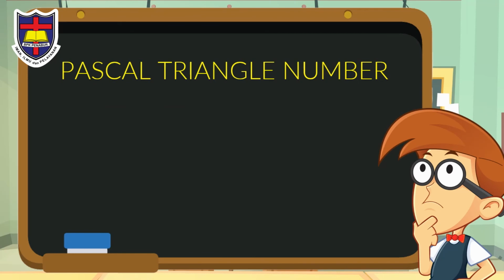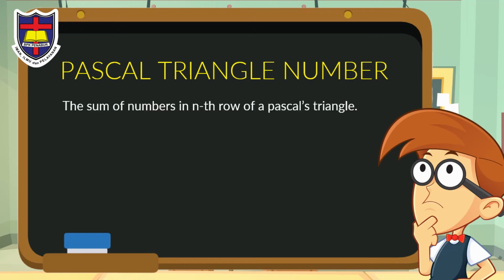Okay, so now we will go to our next number pattern about Pascal's triangle. Now the formula for the sum of numbers in the nth row of a Pascal's triangle. So the formula is 2 to the power of n minus 1.